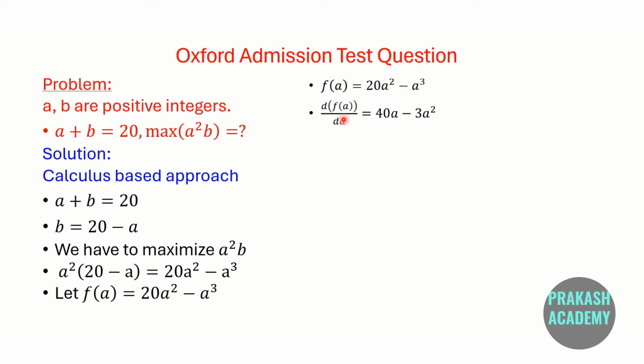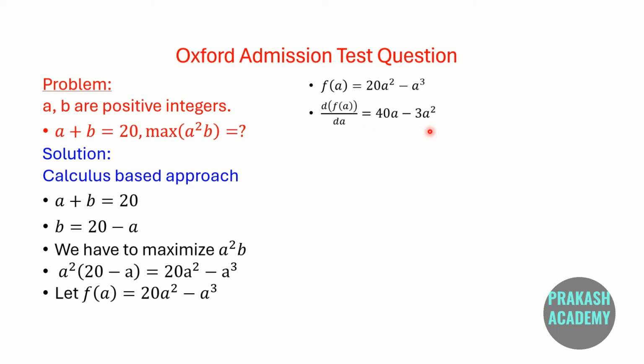So now I can write df/da, this is equal to differentiation of this. 20 is a constant, it will remain 20, and differentiation of a squared is 2a. This means 20 times 2a, that is 40a. And differentiation of a cubed will be 3a squared. So in this case I am using the formula, that is differentiation of x raised to the power n is equal to n x to the power n minus 1.